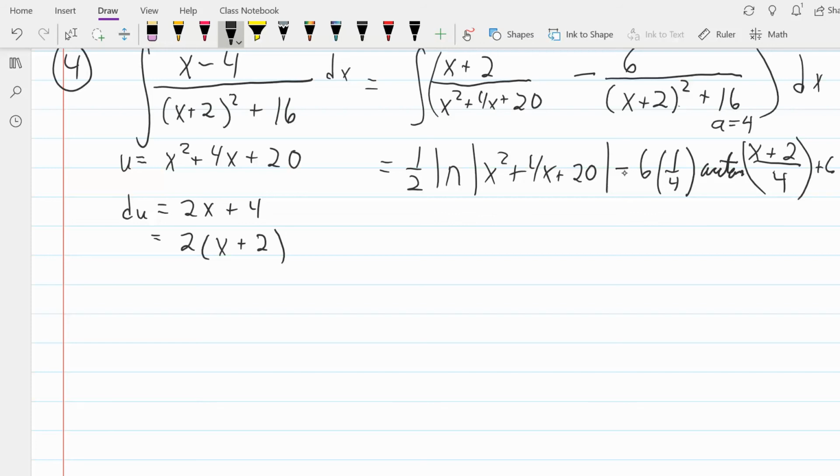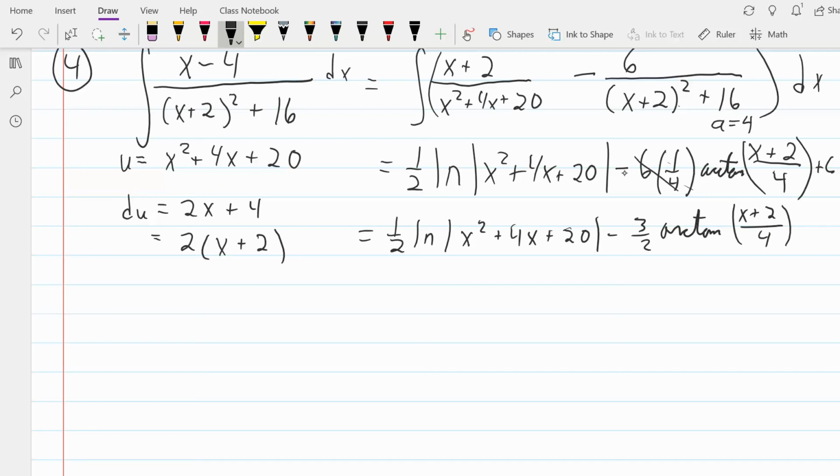And so I might clean this up a little bit by simplifying the fractions there. So my answer is 1/2 times the natural log absolute value of x squared plus 4x plus 20 minus 3/2 times the arctangent of x plus 2 over 4 plus c.